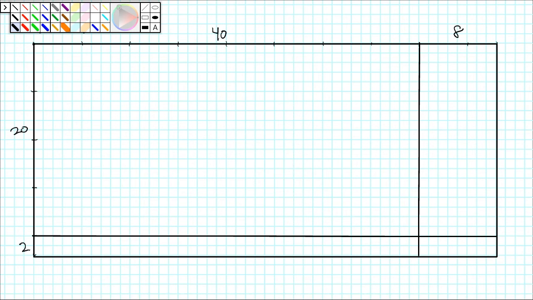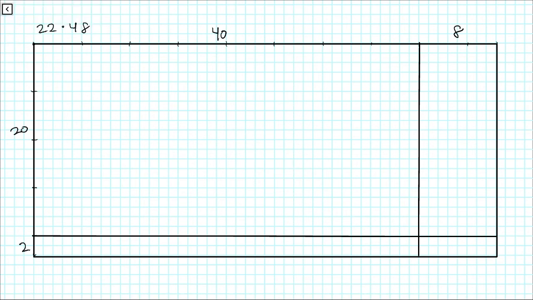And now I'm just going to fill in all of those individual products. 20 times 40 is 800. Again, refer back to the more detailed picture of how you see that. 20 times 8 is 160. 2 times 40 is 80. And 2 times 8 is 16. So we have 800 plus 160 plus 80 plus 16 is 1066.